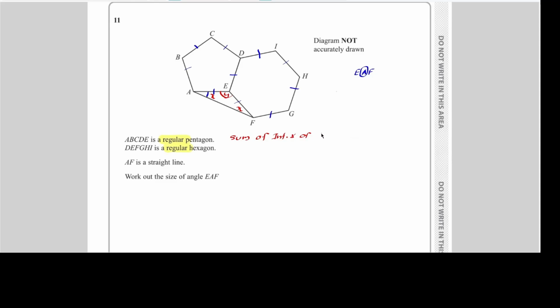Sum of interior angles of any polygon equals n minus 2 times 180. So what is n? n equals the number of sides.